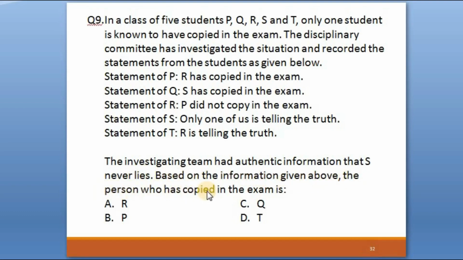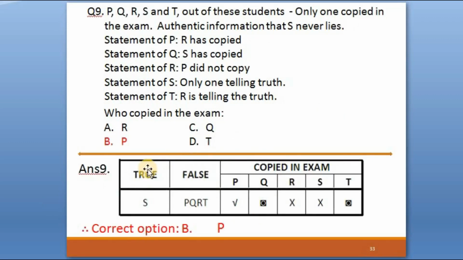Now, such questions can be easily solved by using the tabular method, right? So we have to analyze the given statements as per this table. What we have to fill in the table is to test the statement of each one, and depending on the given conditions, some can be true, some can be false, right?